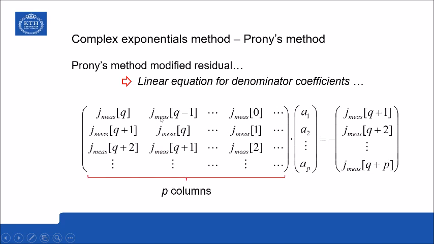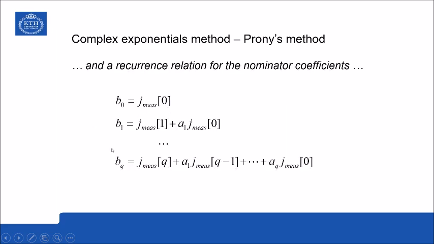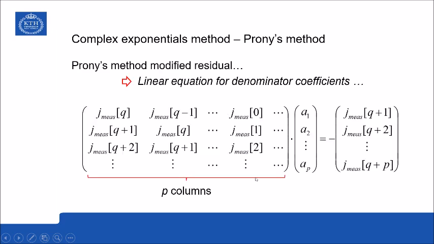As you can see here, since we have p unknowns, this matrix contains p columns. So the question now is what elements we should put in the rows, in order to be able to solve this equation in a good way.